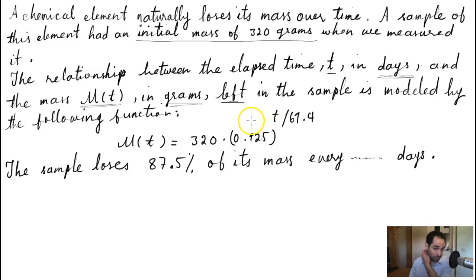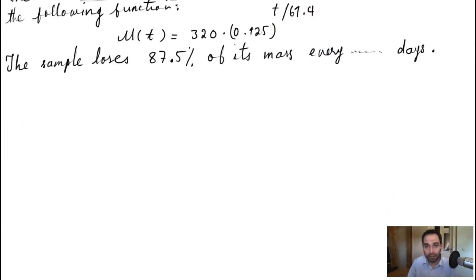What this relationship actually means is, let's say you have m of t equal to 320 times this whole thing. This is basically an exponential function.